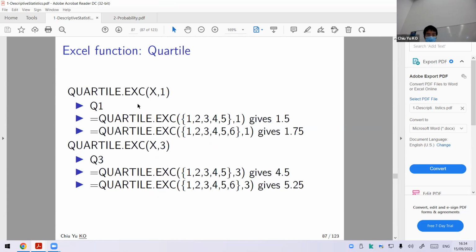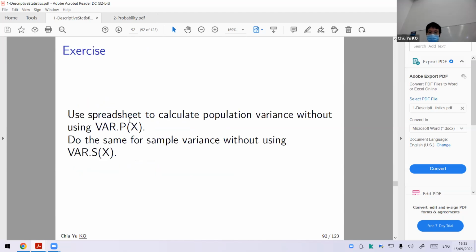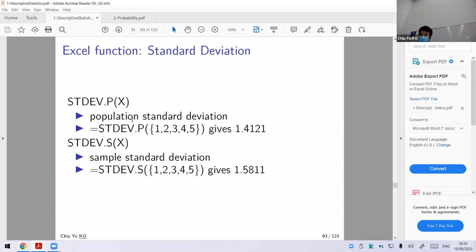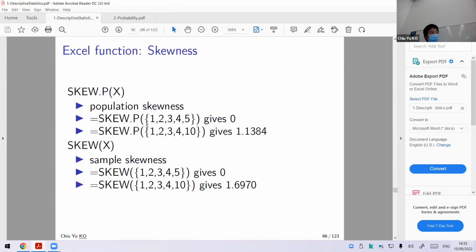For IQR we can use quartile.exc 3 minus quartile.exc 1. For variance there are two types: one is called VAR.P and the other VAR.S; one is divided by n, the other by n minus 1. There are also the sample and population versions of SD. For coefficient of variation we don't have a function, but you just divide by the mean.